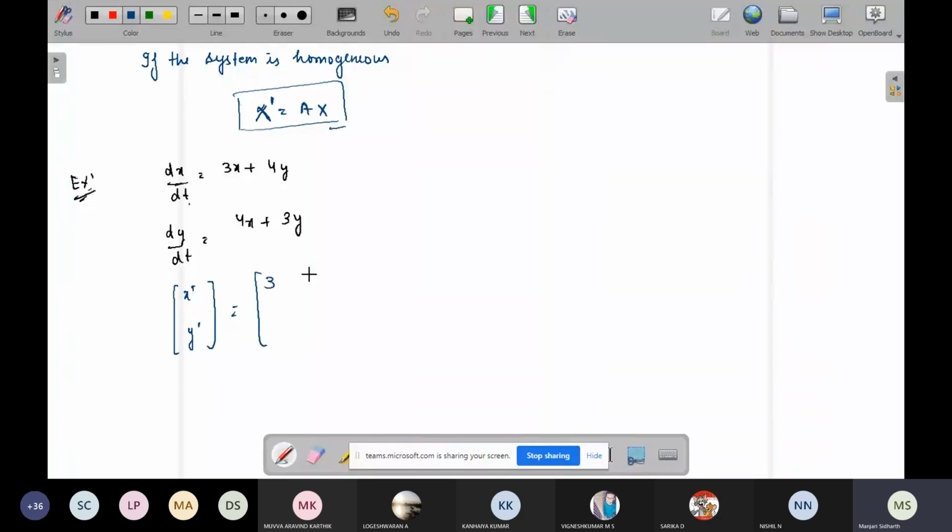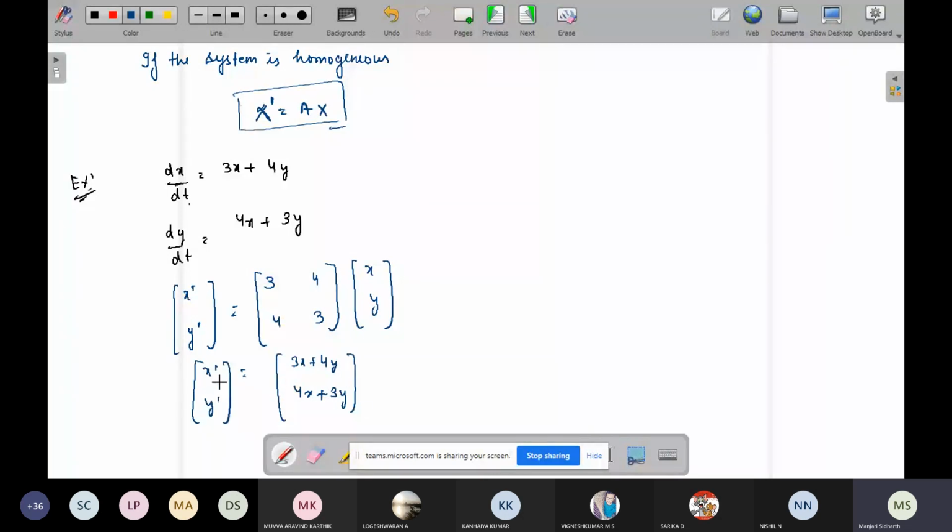So I can write this as x dash, y dash, equal to the matrix 3 4, 4 3 times x, y. When you multiply this, you simply get 3x plus 4y, 4x plus 3y, which is equal to x dash, y dash. If two matrices are equal, their corresponding position elements should be equal. This element equals this one, giving the first equation; this element equals this one, giving the second equation.